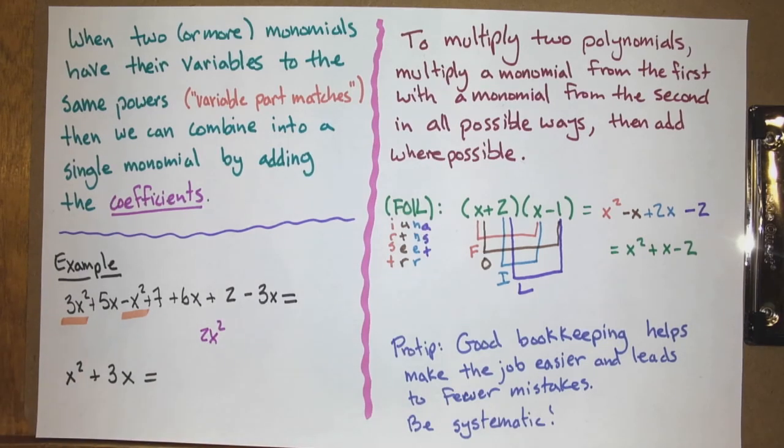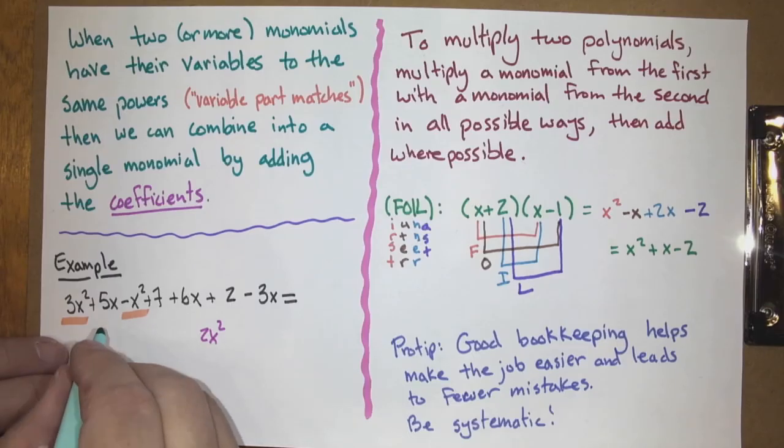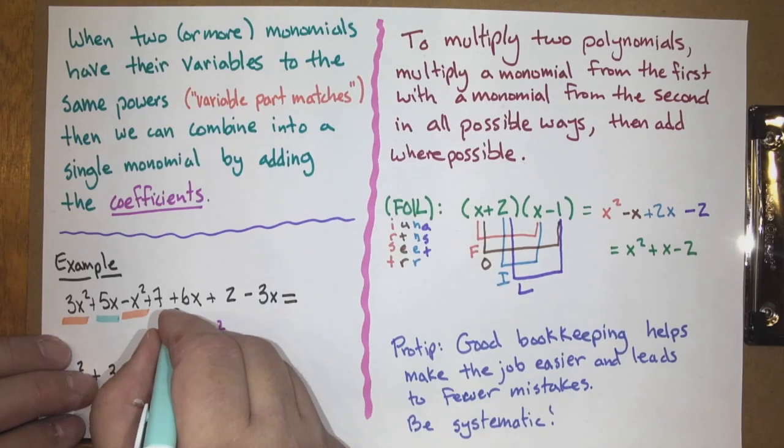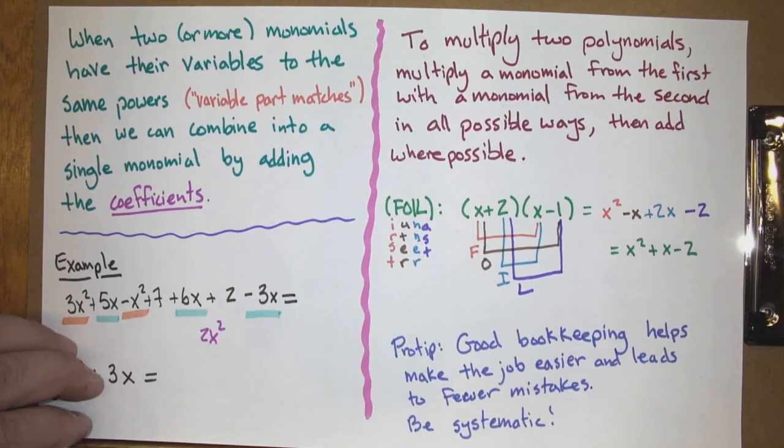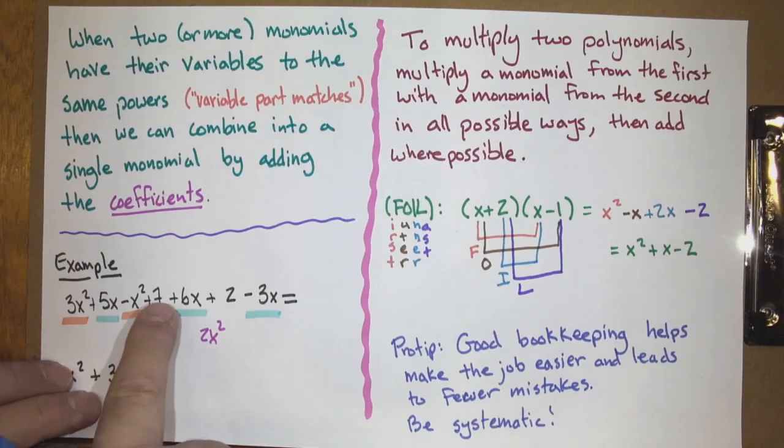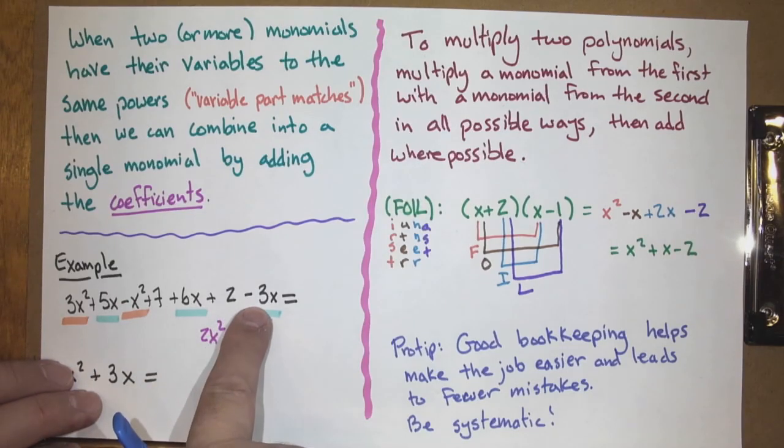All right. Then I go to the next power down. Next highest power is x. How many x terms do I see? There's 3 of them. 5x, 6x, and that minus 3x. If we combine all of those together, what do we get? 5 plus 6 and minus 3.